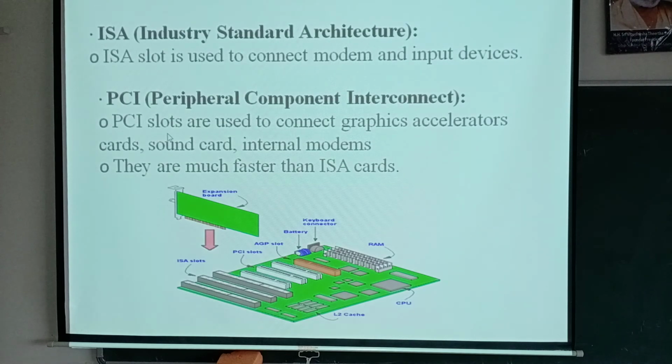PCI slots are used to connect graphics accelerator cards, sound cards, internal modems. Every normal computer system does not require all this functionality. Only for certain specific purposes do we install these circuit boards into these particular slots.